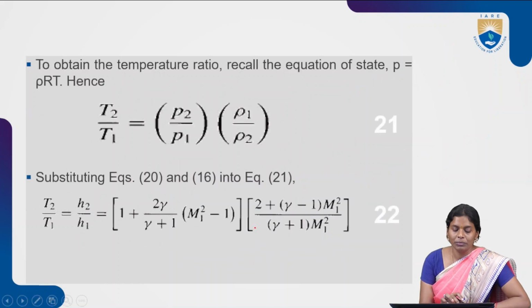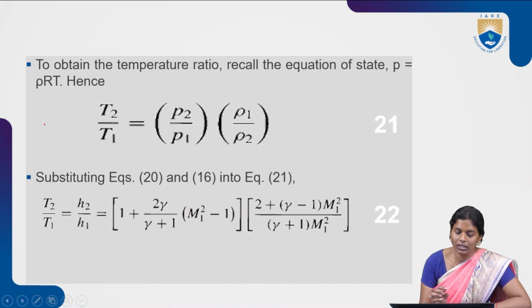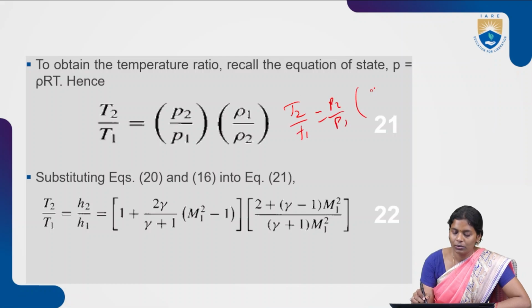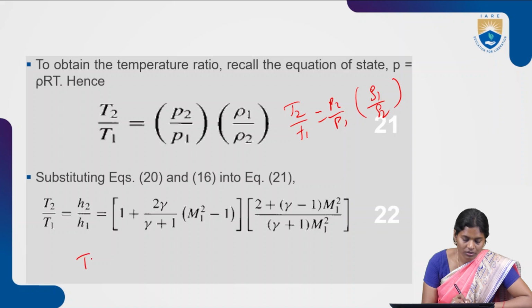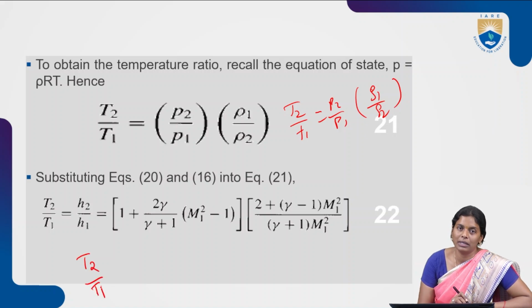So now to obtain the temperature ratio, we will be recalling the equation of state P equal to rho RT. So from there we know T2 by T1 equal to P2 by P1 into rho 1 by rho 2, right? So now we will be substituting the expressions for the pressure and density ratios. Now what is H equal to? H equal to Cp T, right?